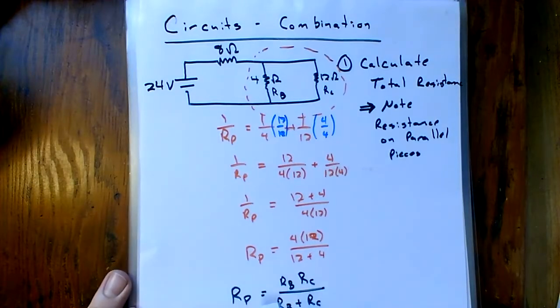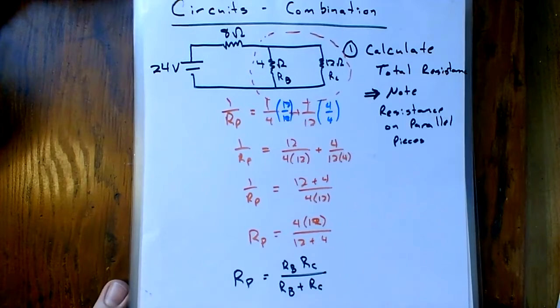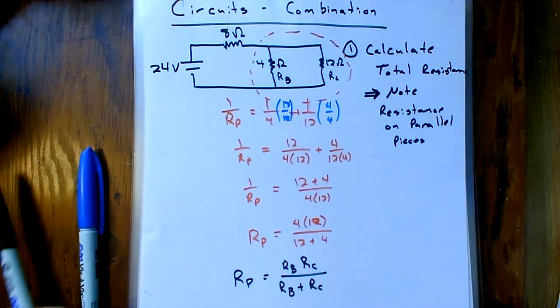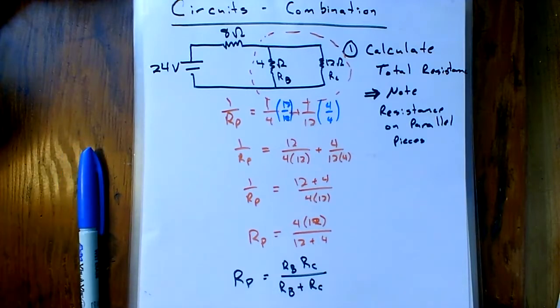It gets more complicated when I have a third piece in there, so I'm just going to do this with 2 for now. But this would be my parallel resistance.